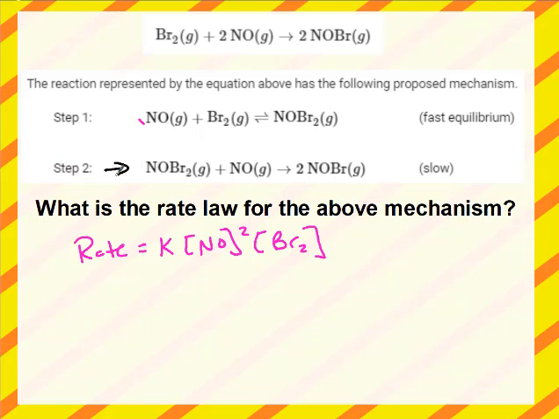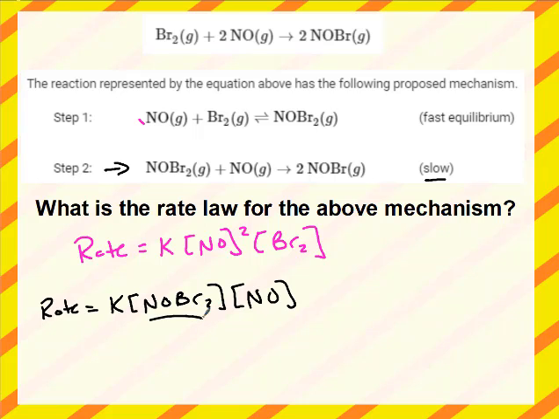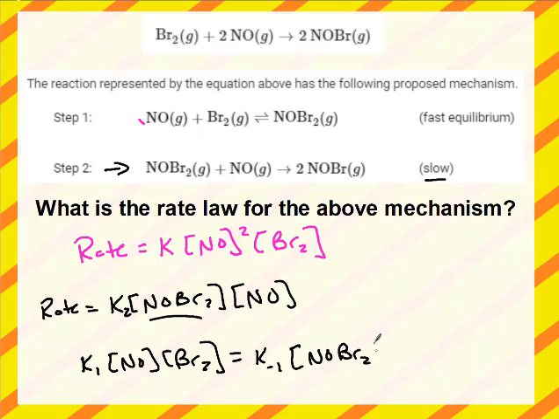So we would write the rate law for the second one, because that's my slow step. But notice I have an intermediate. I can't have an intermediate, so I'm going to look at the first one, and I'm going to say rate equals K2, because that's my second step. So step 1, I'm going to have K1 NO Br2 is equal to K negative 1, the reverse reaction, NOBr2.